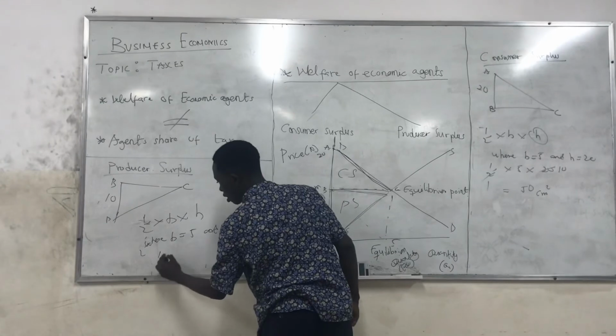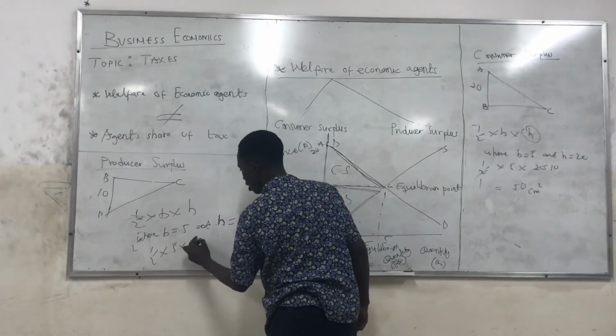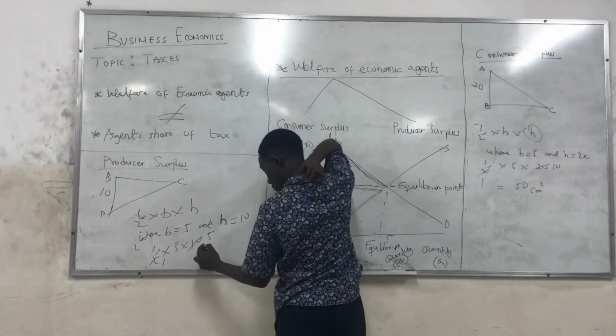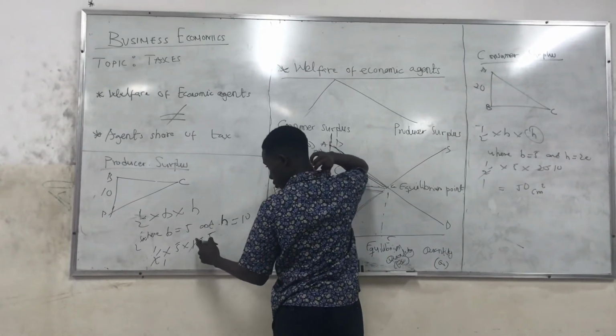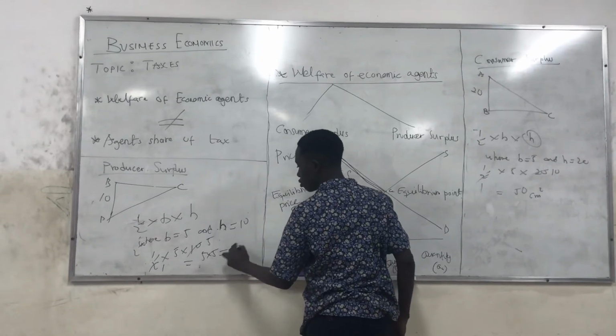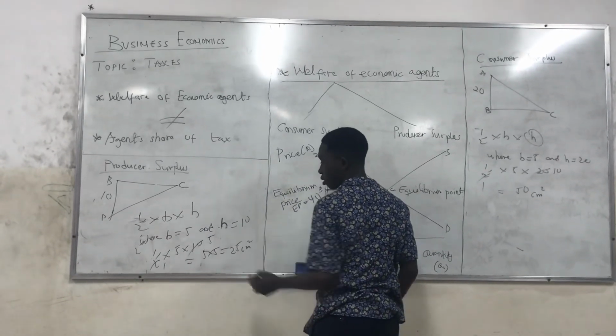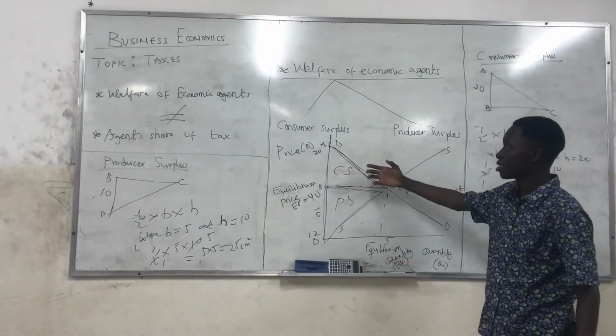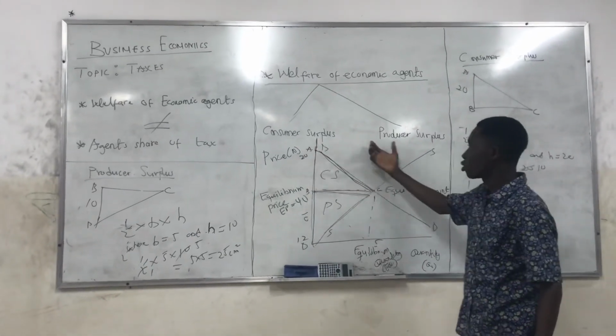So we have half times 5 times 10. 2 goes here, 1 goes here, 5. Okay. So 5 times 5, 25 centimeters square. So that's how we calculate for welfare of economic agents: consumer surplus and producer surplus.